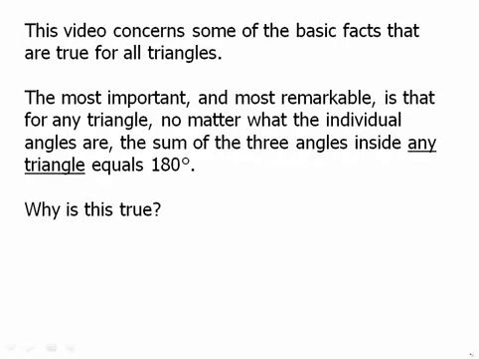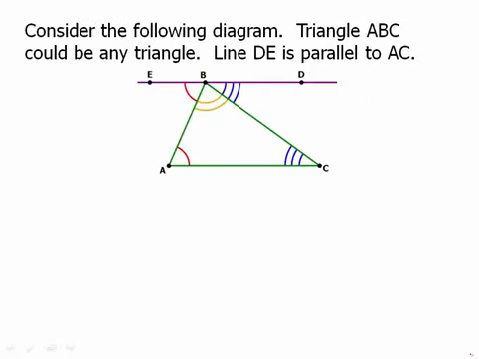So, why is this true? Why would that remarkable fact be true? Well, think about it this way. Consider the following diagram. Triangle ABC could be any triangle. Line DE is drawn so that it is parallel to AC. So remember what we talked about in the last video when we have parallel lines and a transversal cutting across those parallel lines.